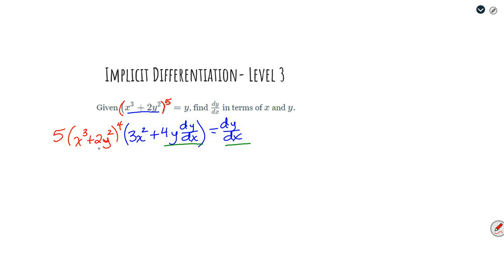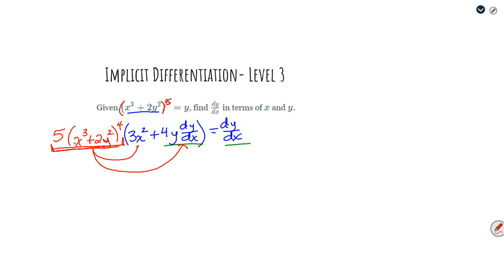So what I can do is I can take this entire expression, this entire part in the red, and I'm going to distribute it to the 3x squared, and then I'm going to distribute it to the 4y dy dx. And that's how we'll handle that. That will help us get the dy dx's closer together.